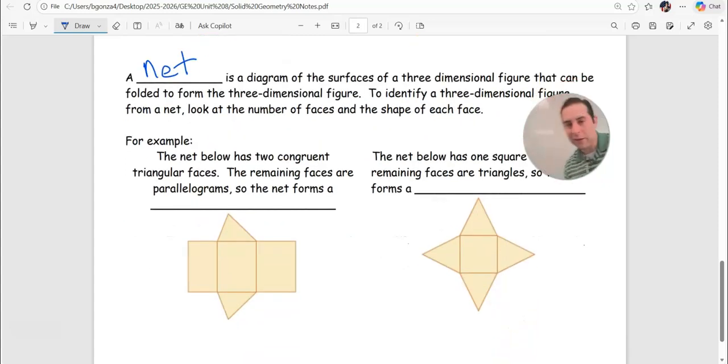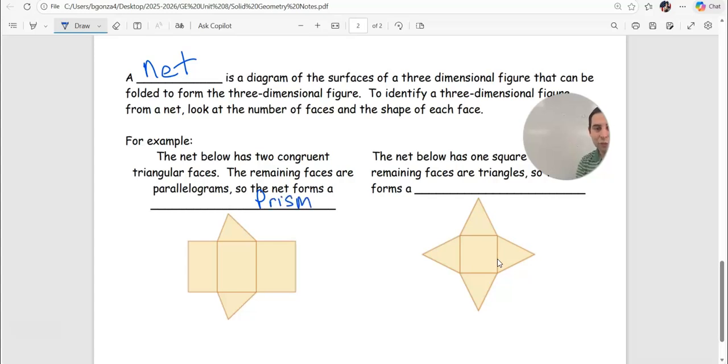So I want you to look at these pictures down here, okay? When you see it unfolded like these nets down here, here's one way to think about this: is the base surrounded by rectangles or triangles? So look, this is a bunch of rectangles. Which P word is connecting with a bunch of rectangles? Pyramid or prism? Prism, right?